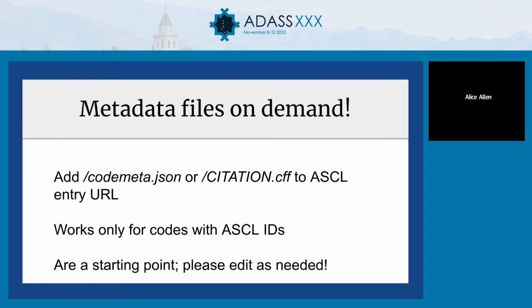These are intended to be a starting point as a help to the user, as a help to the code author, so that you can take these and put these on your own repo so you don't get results like Bruce got when trying to use CiteAs, because CiteAs does look for these. So go ahead and go to the next one. Next slide, please.